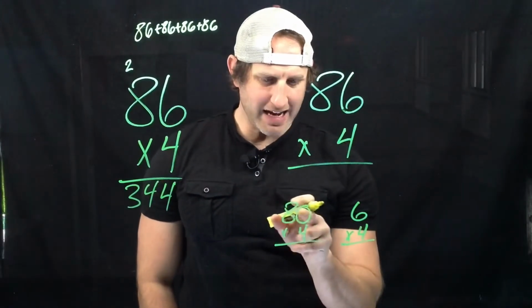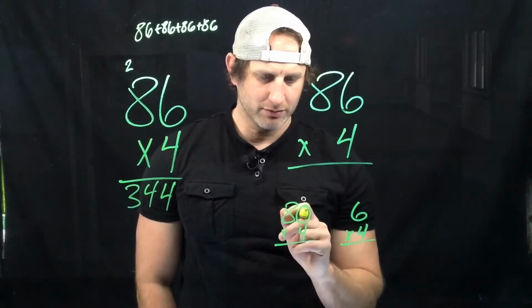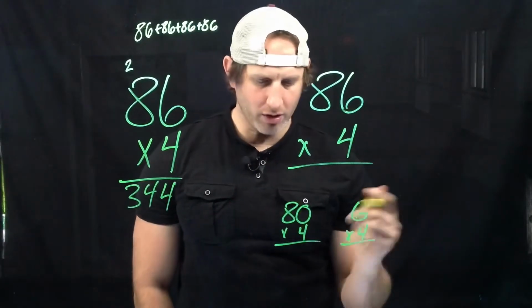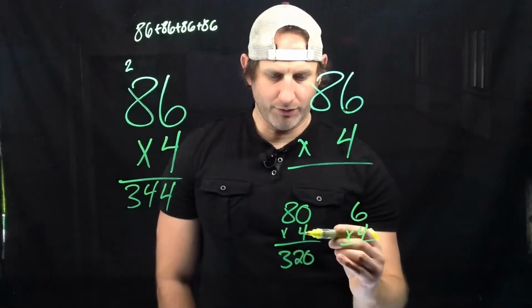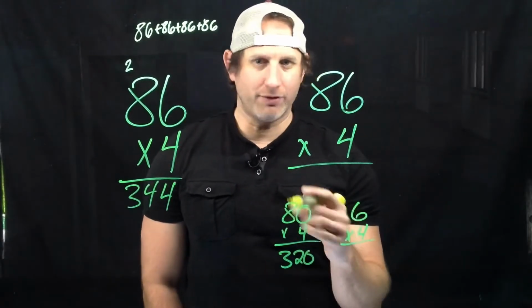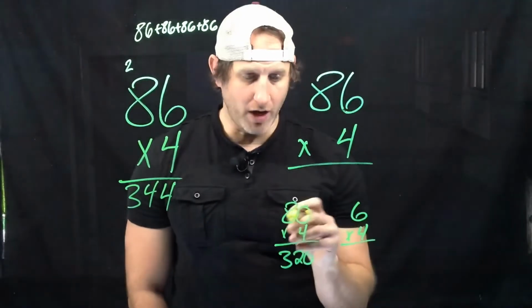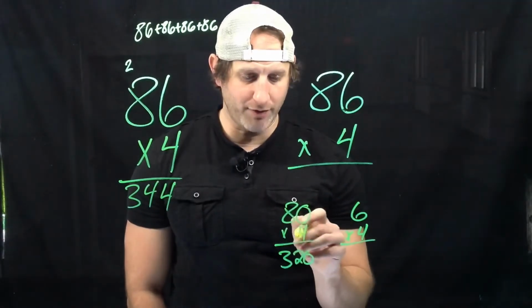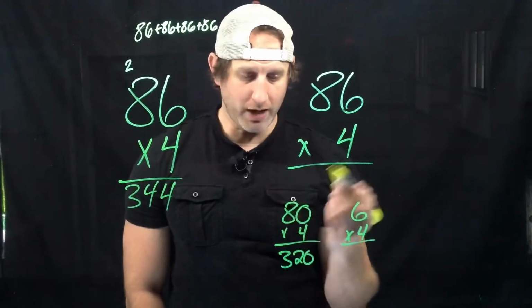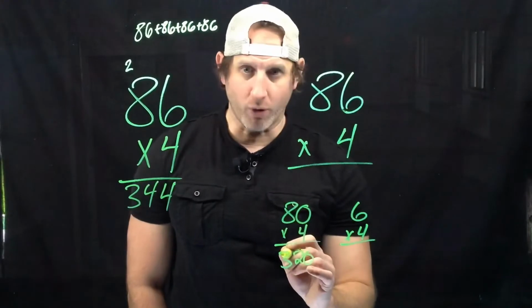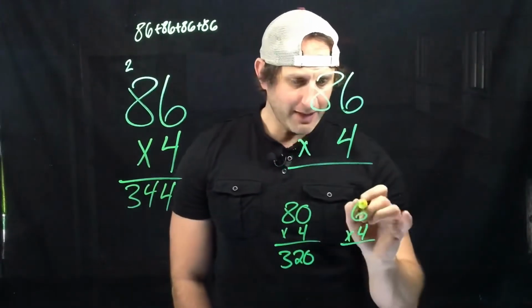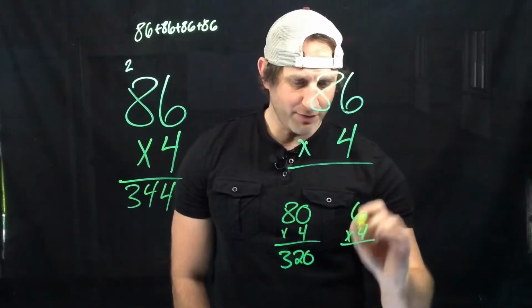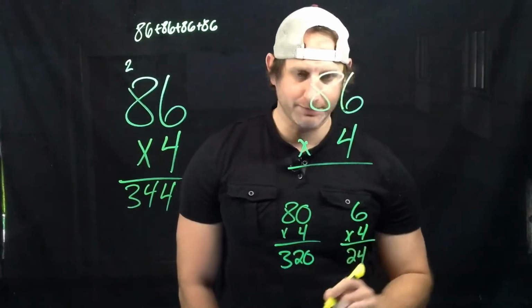Now let's start with the friendly numbers first. Let's go 80 times 4. Well, 80 times 4 is 320. If we had 4 groups of 100, that'd be 400, and we're going to take away 4 groups of 20, which is 80. 400 minus 80 is 320, a little bit of mental math there. And then let's take this. 6 times 4 is 24.